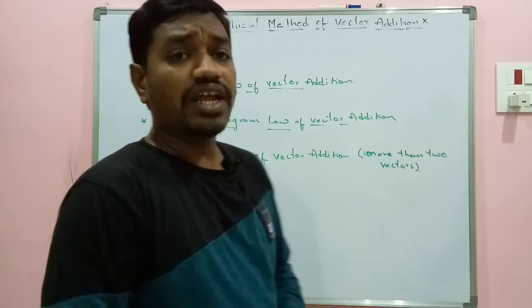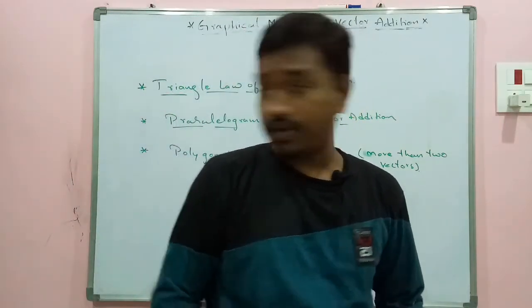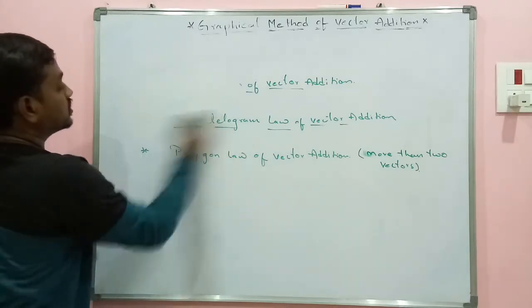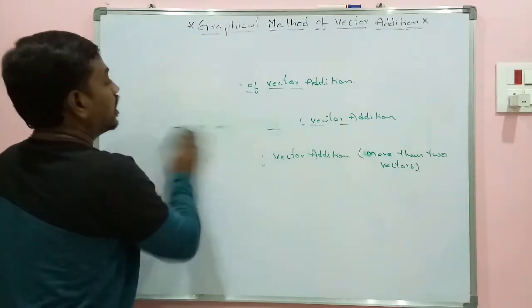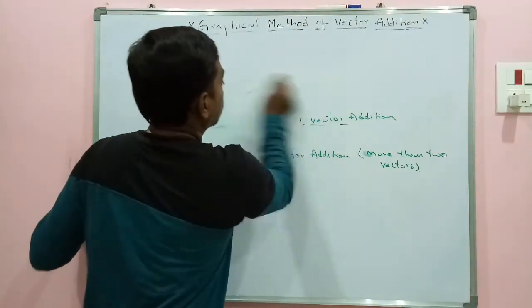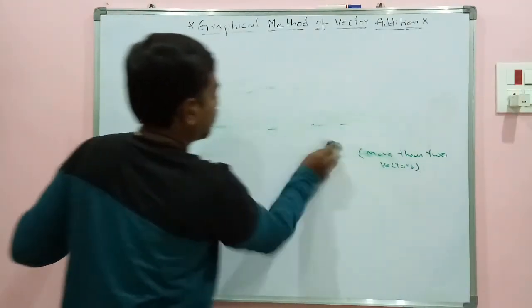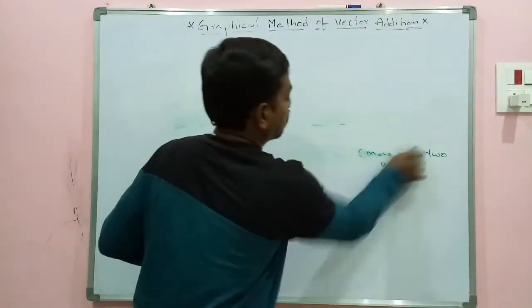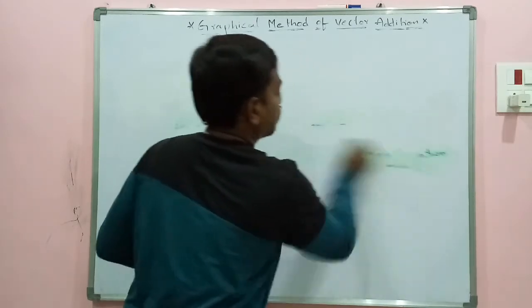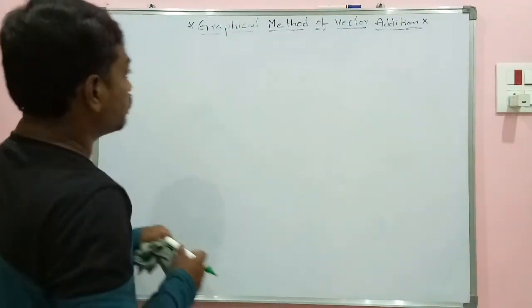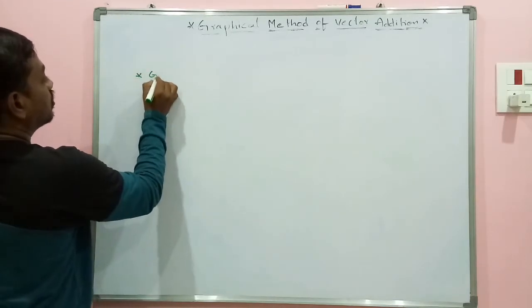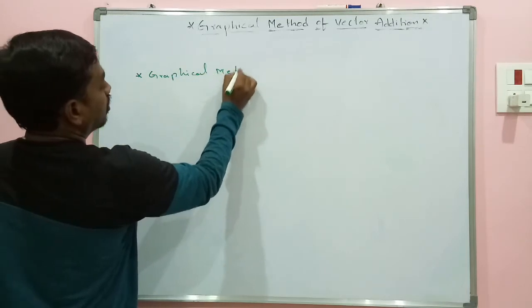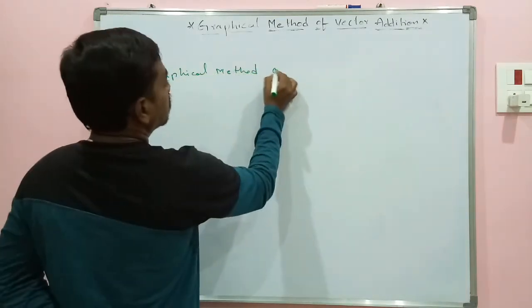Basically, addition of vectors is done by two different methods. One is the graphical method, which we will see in today's class, and we also call this the geometrical method.